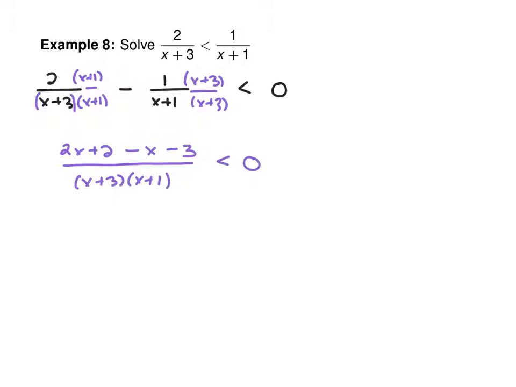Is it clear why I have 2 subtraction signs in the x and the 3? Okay. So combine them now, and what does your numerator simplify to? Very good. x minus 1 over x plus 3, x plus 1 is less than 0.